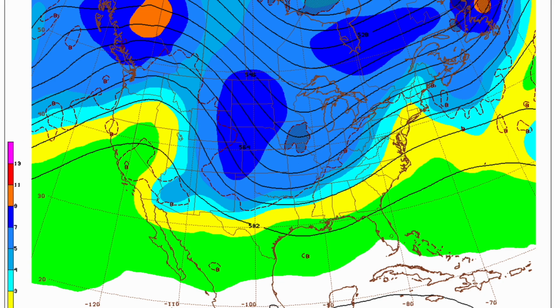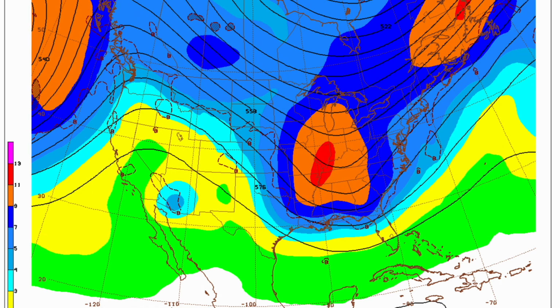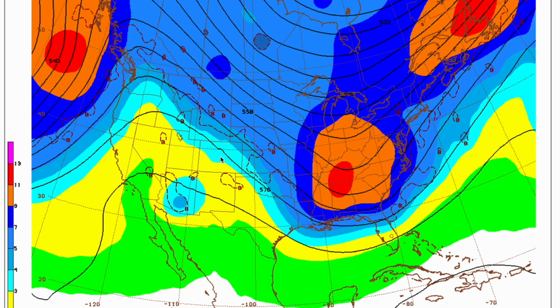This is normal because as you get further and further out in time, the models handle things a little differently. So this is normal spread within the models. Then you have the 20th here. This is Thursday evening, the 19th into the 20th, Friday.